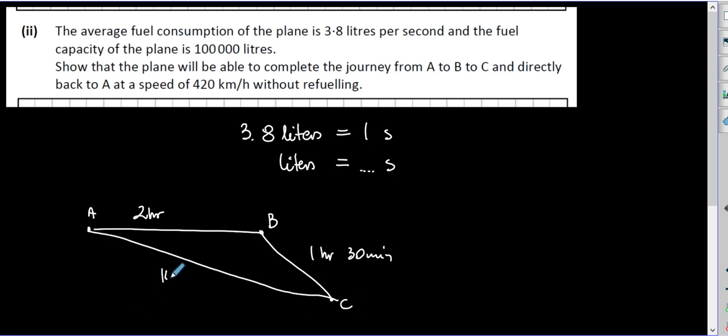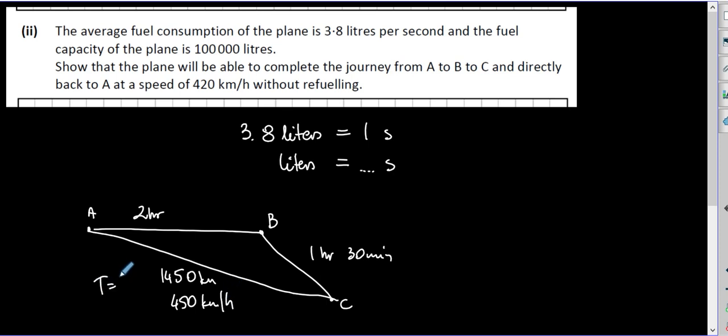We know that the distance here is 1,450 kilometers. What else do we know? Sorry, I'm just reading here. At a speed of 420 throughout, so we know that the speed is 420 kilometers per hour.